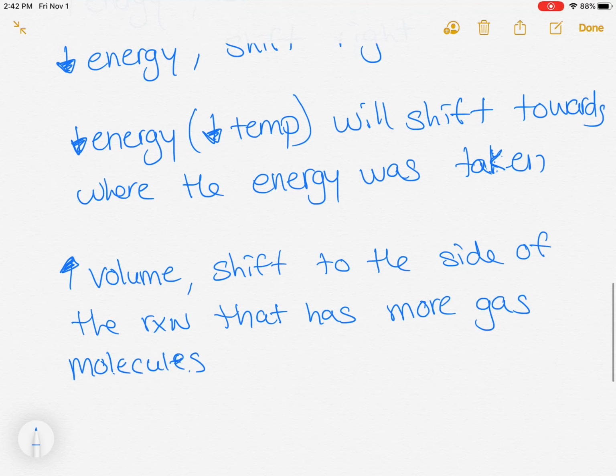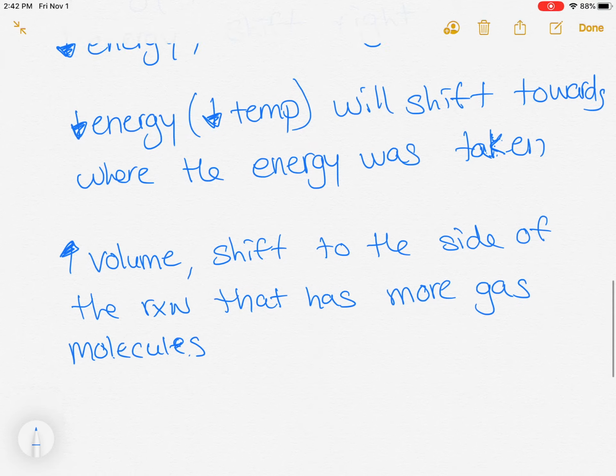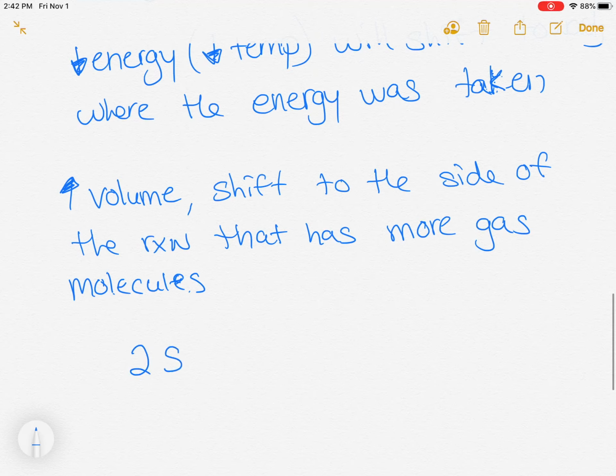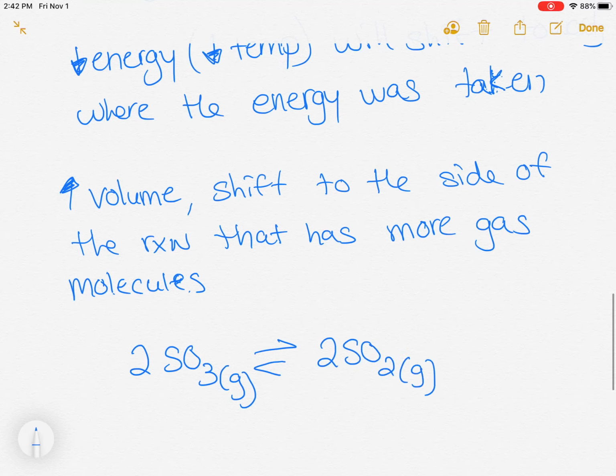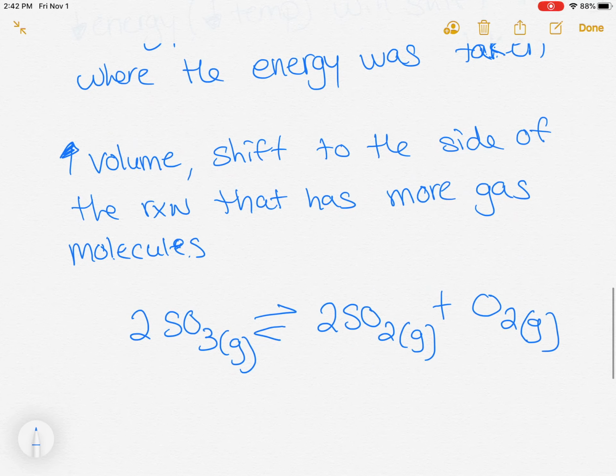So when we're looking at this reaction, our 2SO3 gas producing our 2SO2 gas and our 1 oxygen gas, the reactant side has 2 moles of gas.